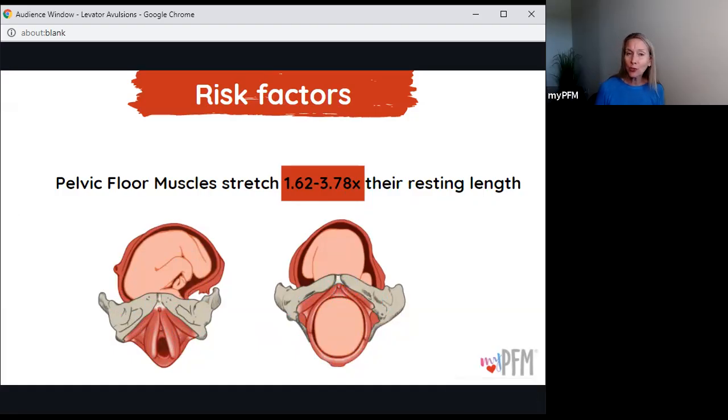Most of your skeletal muscles, think about your bicep muscle, if you stretched it almost 4 times its resting length, would rupture before they were able to stretch that much. So the pelvic floor muscles are very stretchy and very special, but they're not invincible.